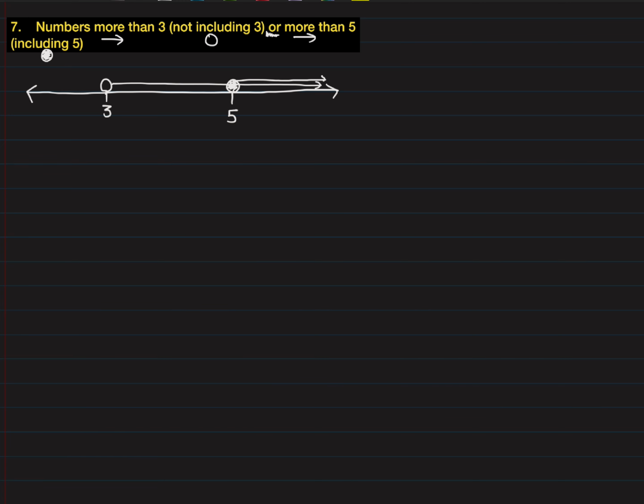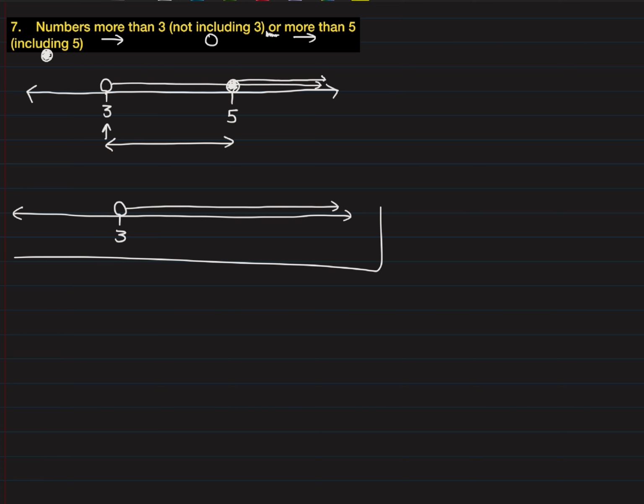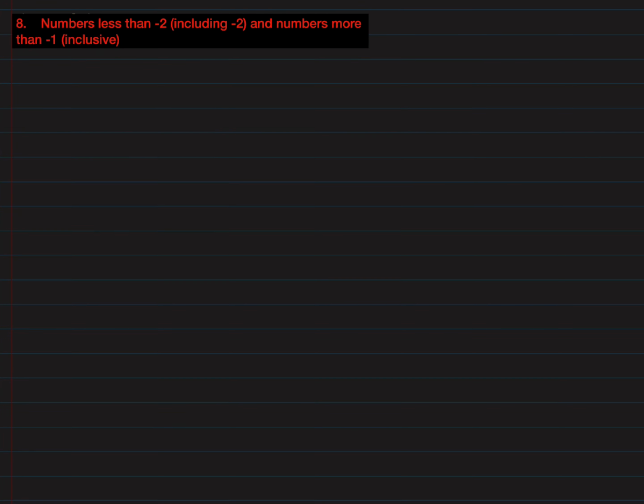And over here, we can see that clearly, since 3 allows us to have these many more numbers than 5, which restricts these numbers, we will go with the number 3. And this interval over here can be simplified down to numbers that are from 3 all the way up to positive infinity. So this would be our final answer.